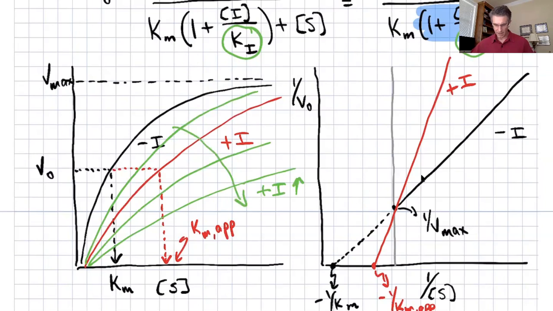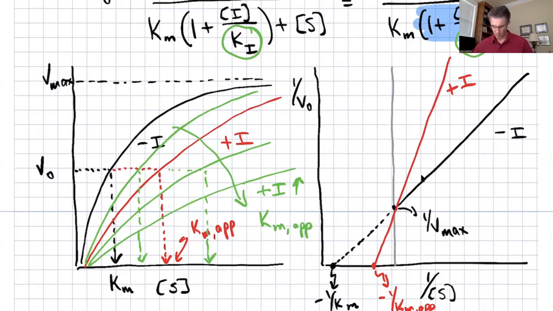And you fit that data. And out of this data would come a whole family of Km apparents. Each one of these would give you some different apparent value. You wouldn't do it by eyeballing it. That'd be bad. You would fit the data.